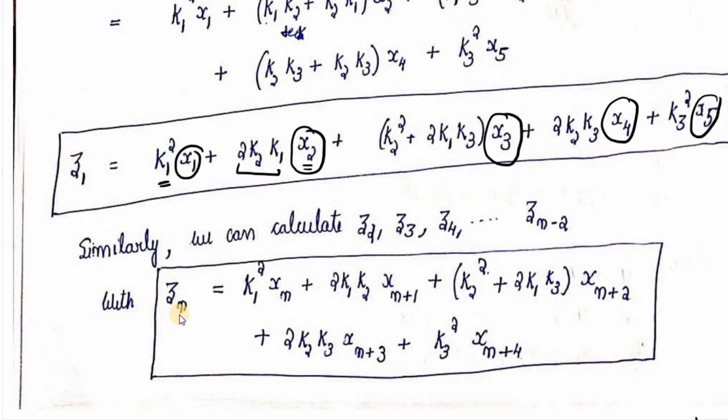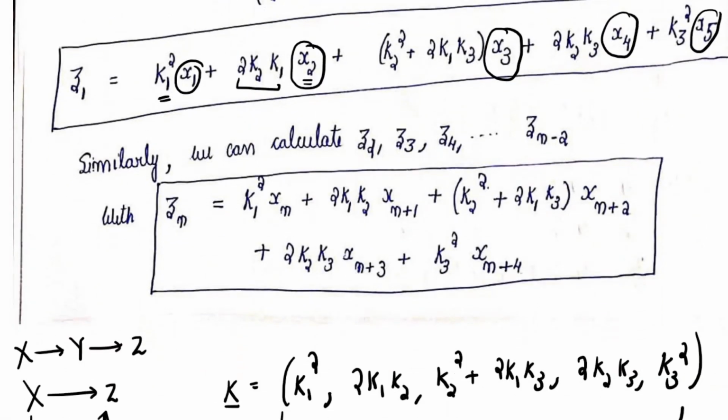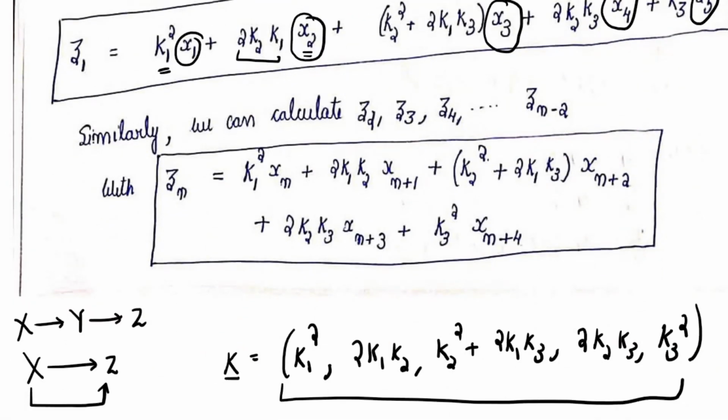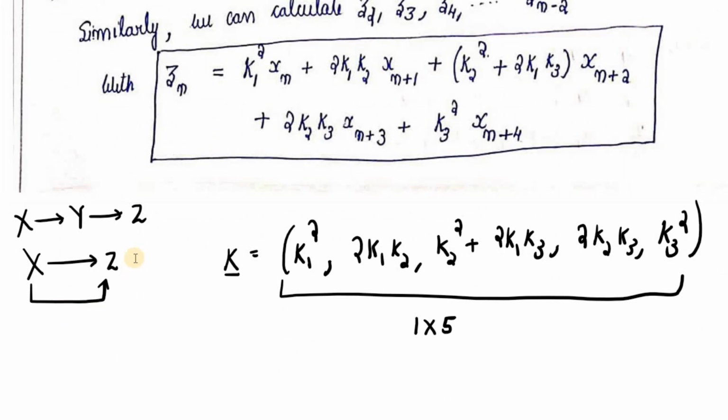We could generalize it to get the nth element of z, and then we realized that to calculate one element of z, you need 5 elements of x, and hence a kernel of size 1 cross 5 will be sufficient to move directly from x to z. By doing so, we avoid an unnecessary step from x to y and from y to z.